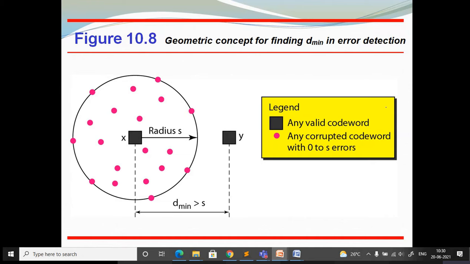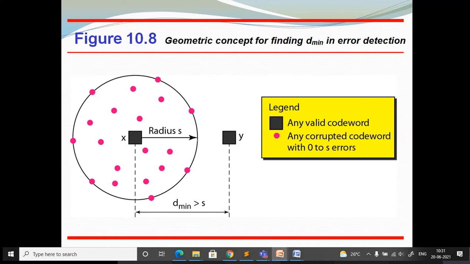Assume that the sent code word is x. It is just a simple explanation to understand the code words, and how to detect the error. Here x indicates the sent code word, which is at the center of the circle with a radius s.